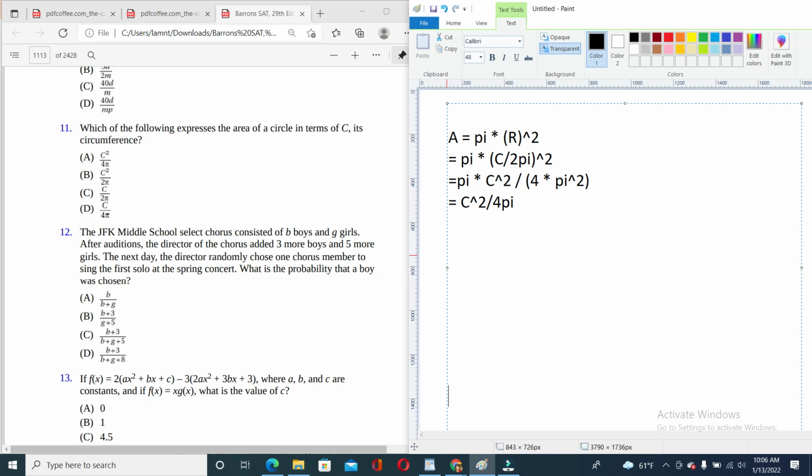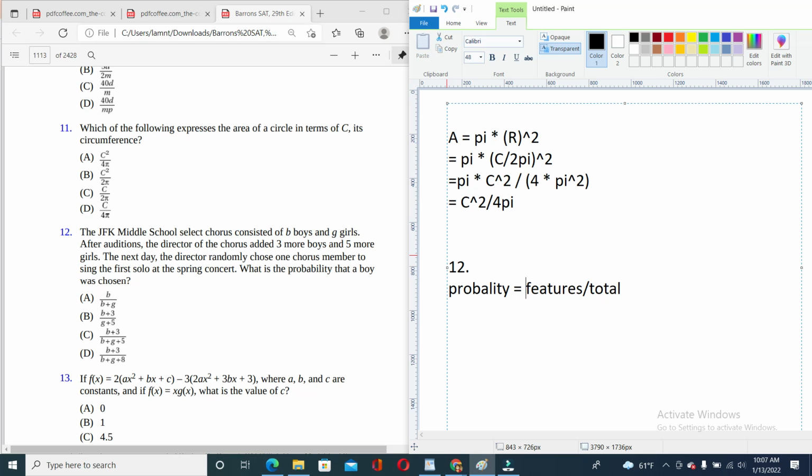Okay, so number 12 is a question about probability. The probability of most things is equal to the number of features divided by the total. By feature I mean the number of elements which have that characteristic, divided by the total number of elements.